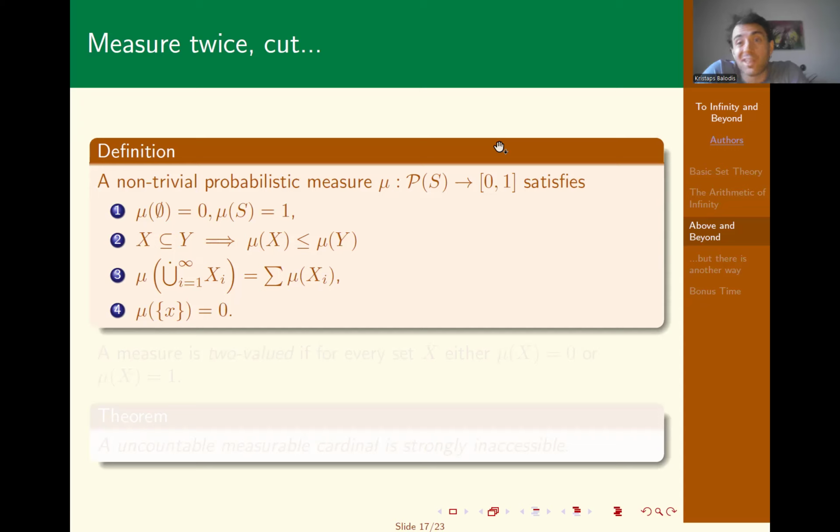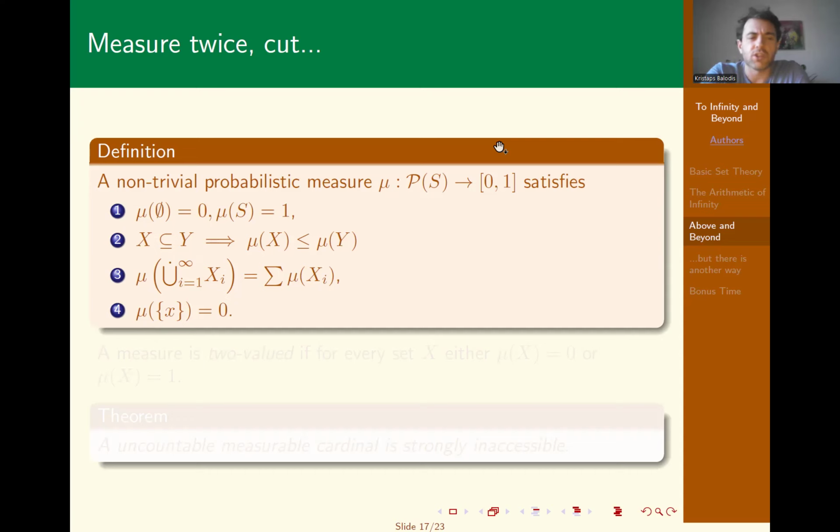We ask that the entire set has size 1 and the empty set has size 0. Makes sense, right? The parent set should be the biggest thing. The empty set should not count as anything. If you've seen measure theory before, if X is a subset of Y, then its size should not be counted as any bigger than Y. You can add sizes together at least in a countable way.